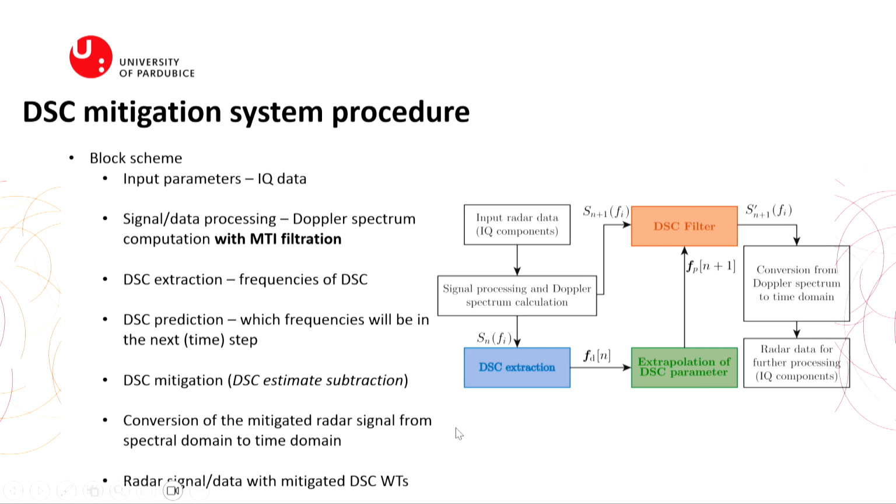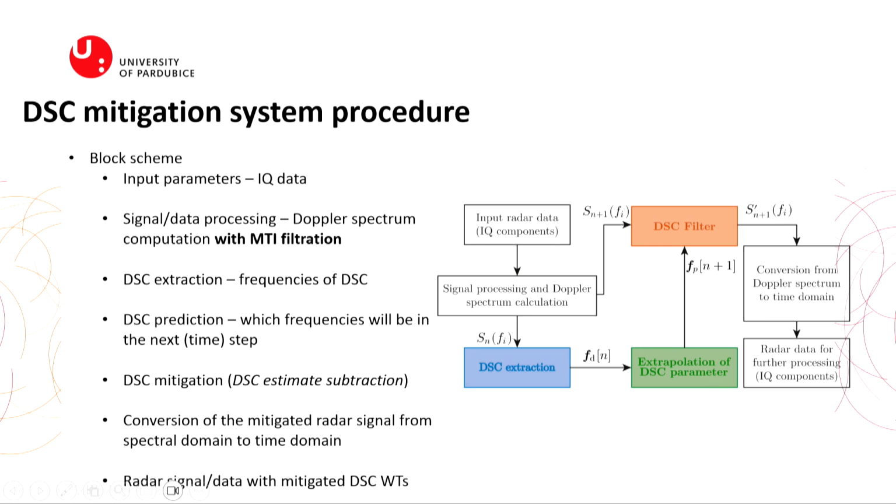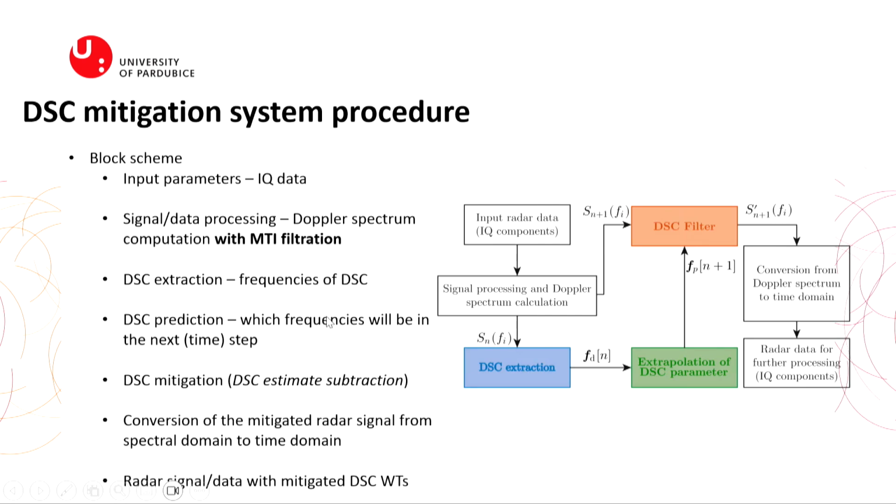First we compute the Doppler spectrum, usually after passing the data through an MTI filter to remove static clutter. So on this block you have the spectrum, but with the MTI static reflection removed.